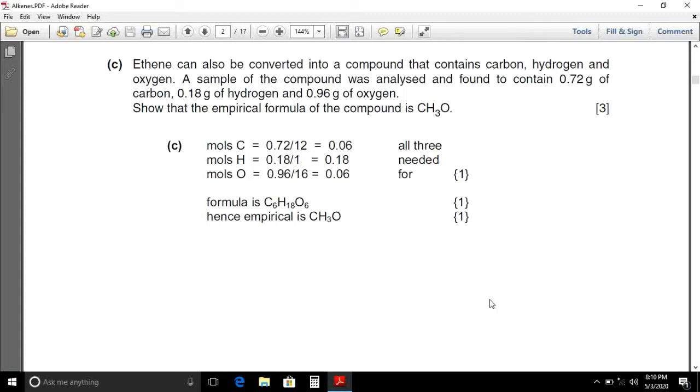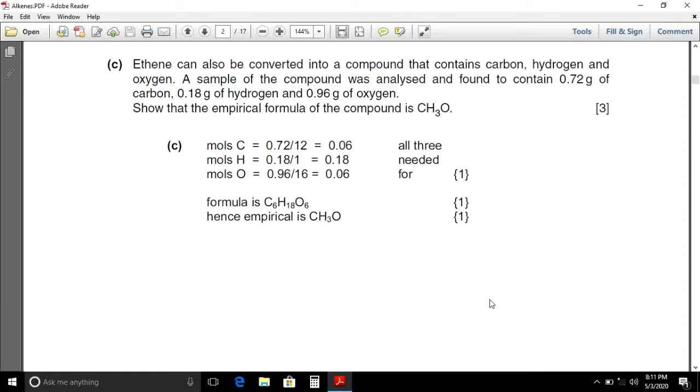First of all, we will note the mass of carbon, hydrogen and oxygen. Mass of carbon is 0.72 grams, mass of hydrogen is 0.18 grams and mass of oxygen is 0.96 grams. Relative atomic masses: carbon is 12, hydrogen is 1 and oxygen is 16. We can calculate the number of moles using the formula moles equals mass over Ar.